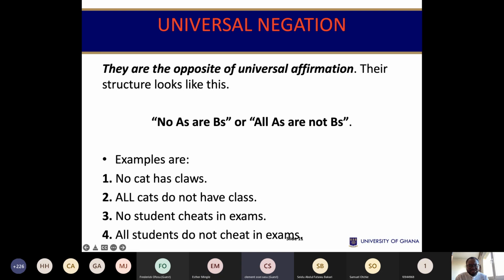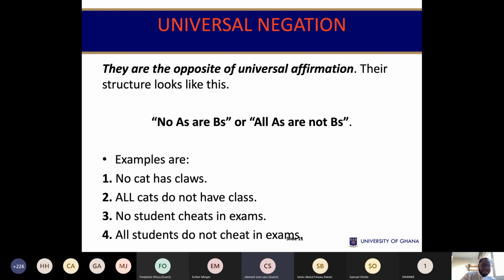You negate something by adding no. So for instance, if you take the first example you see here, no cat has claws. It means that wherever you go in the world and you see a cat, it must not have what? Claws.